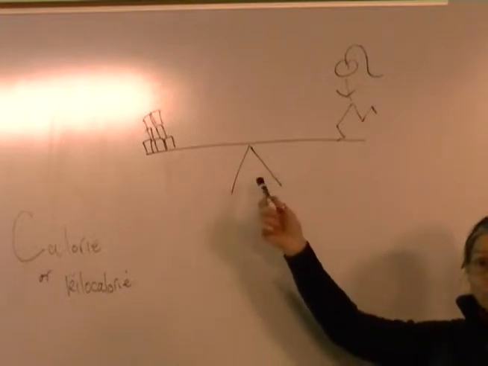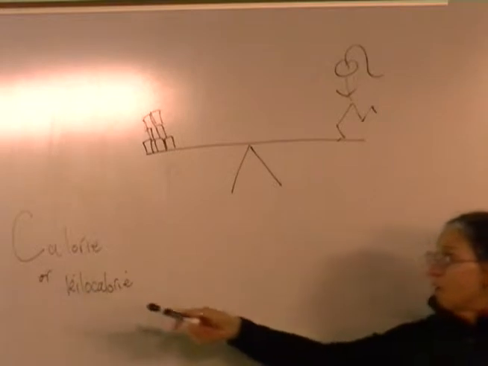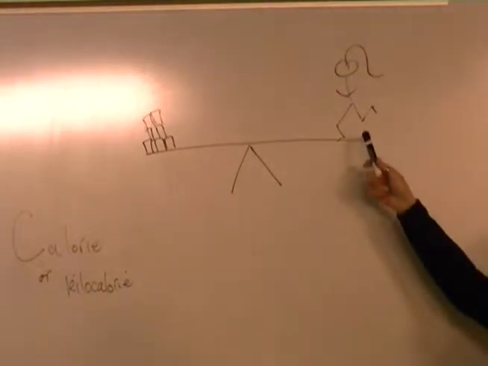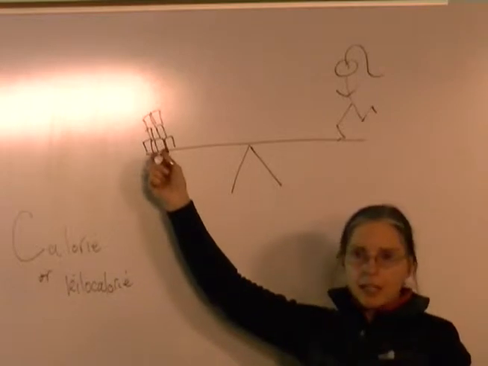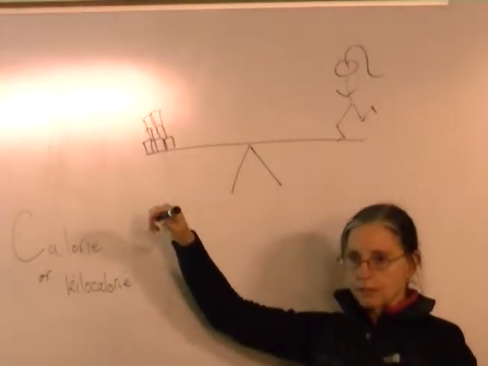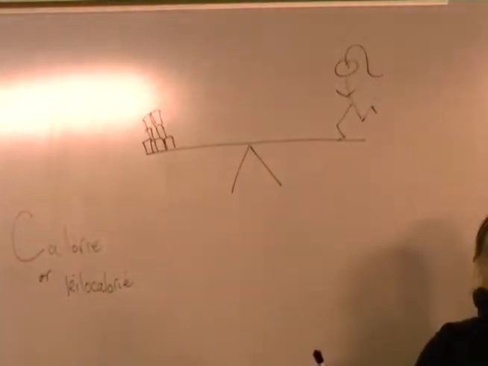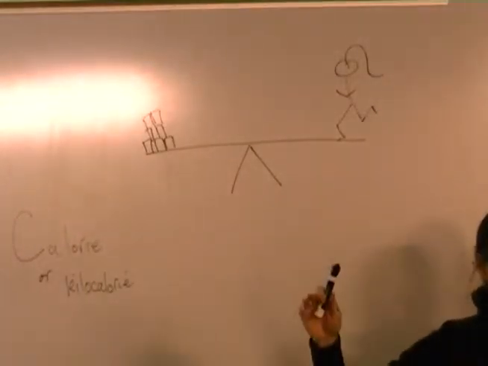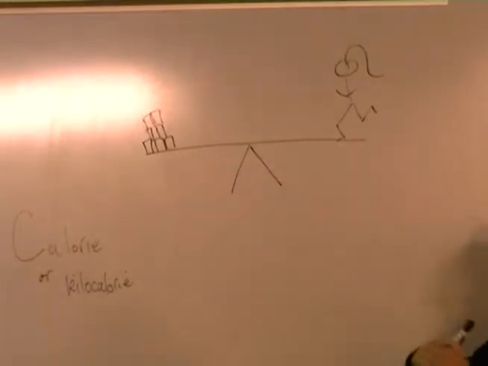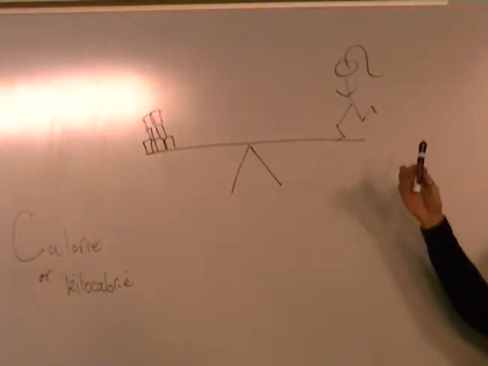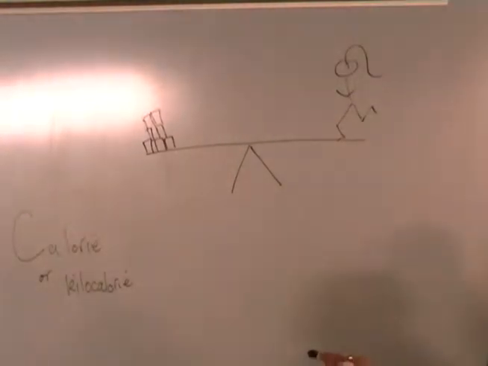Depends what you're doing as to what that mass is. Okay. If I don't do very much, but I put loads of calories in, I gain body mass. So if I want to maintain my weight, my body mass, I have to balance these out. If I want to change it, I've got to tip the seesaw. Right.